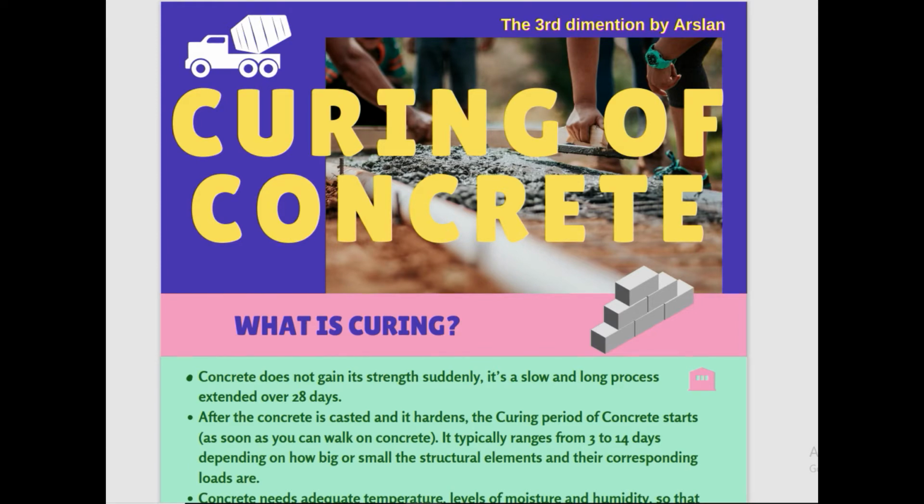Once the concrete is casted and it hardens, the curing period of concrete starts. We have to provide adequate conditions for this process to take place, and during this process, 99% of the strength of concrete is gained. So let's start with our infographic.